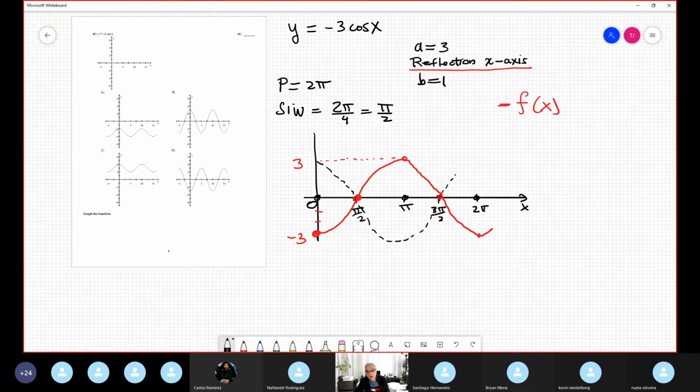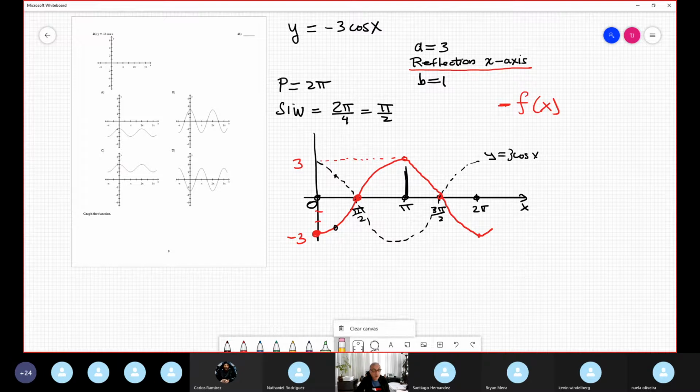This is cosine without negative, just y equals cosine. 3 cosine. Of course, the amplitude 3 is not the thing we are discussing now. Amplitude affects this distance, if it's 3, 4, or 5. But the reflection completely changes the sign, point by point. If the point is negative, now this point is positive. Make sense? Okay.